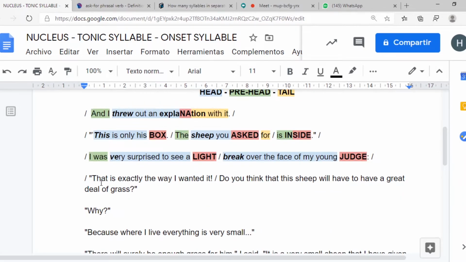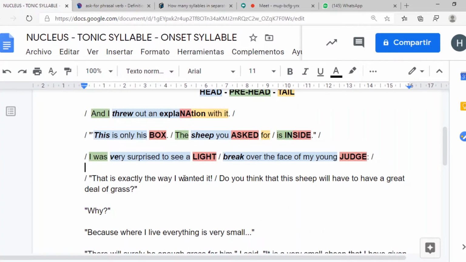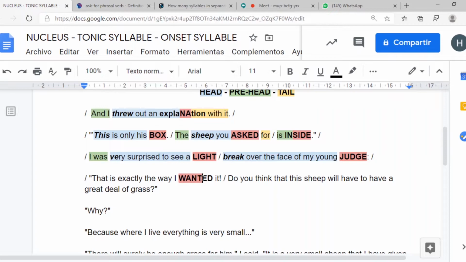Okay, let's do this part with Claribel's example. So wanted will be my nucleus, okay. Want, this is my tonic syllable.